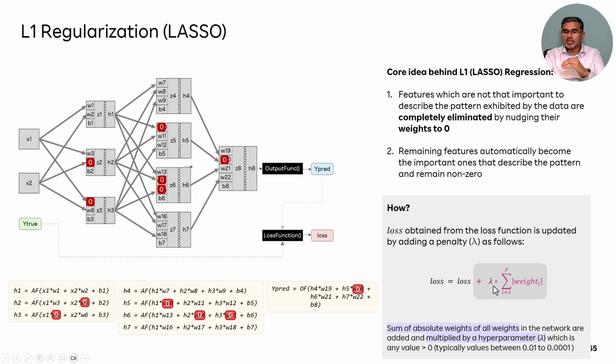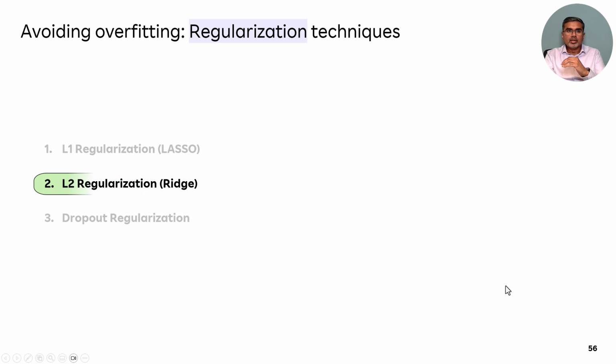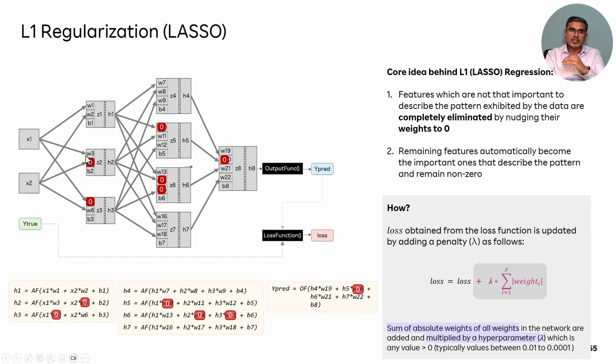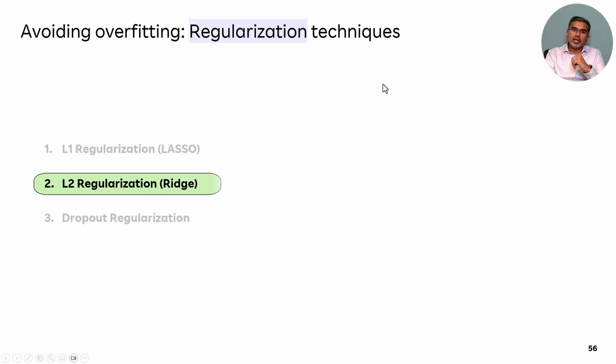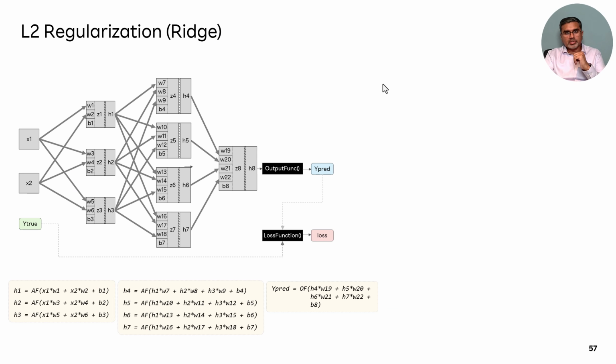The key thing to understand here is that in L1, you add the absolute values of the weights multiplied with this lambda hyperparameter. And when you do that with L1, you are essentially dropping certain weights completely to zero. What L2 or ridge regularization does is that it says, you know what, I'm not going to cancel out the weights completely.